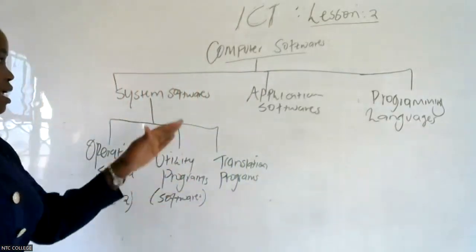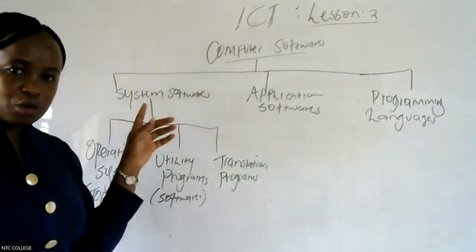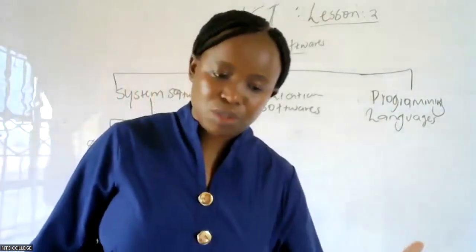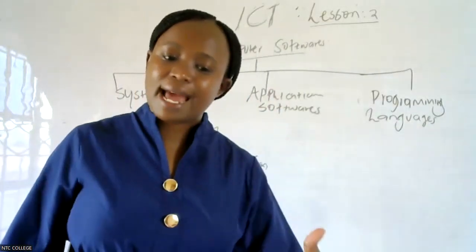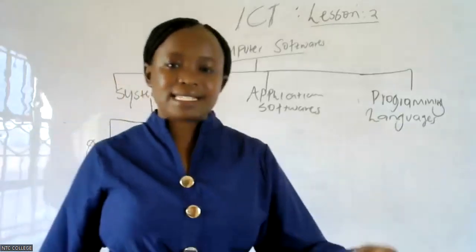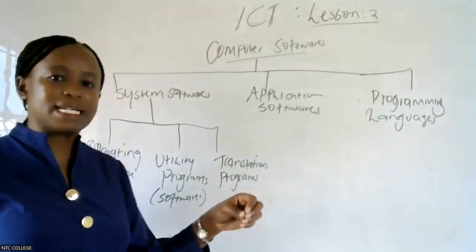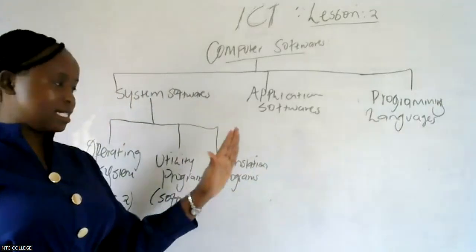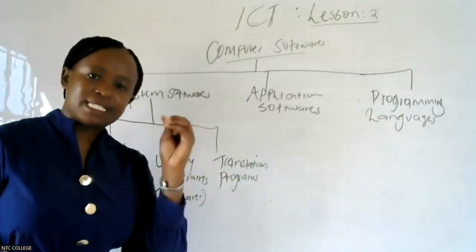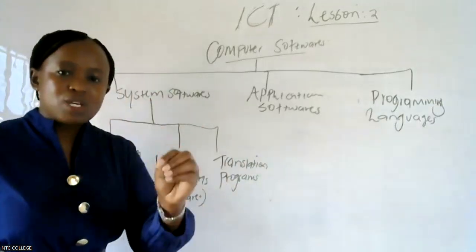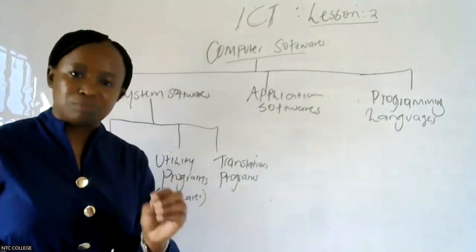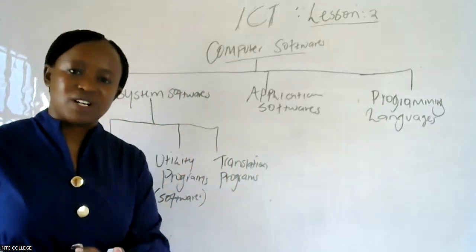I'll repeat once more for us to understand. When we look at system softwares, we have said they are designed to operate, control, and even, to an extent, assist in the processing capabilities of the CPU. On this side, we are focusing more on the operations of the CPU because the CPU is the heart of the machine. It is the brain behind every type of computer.